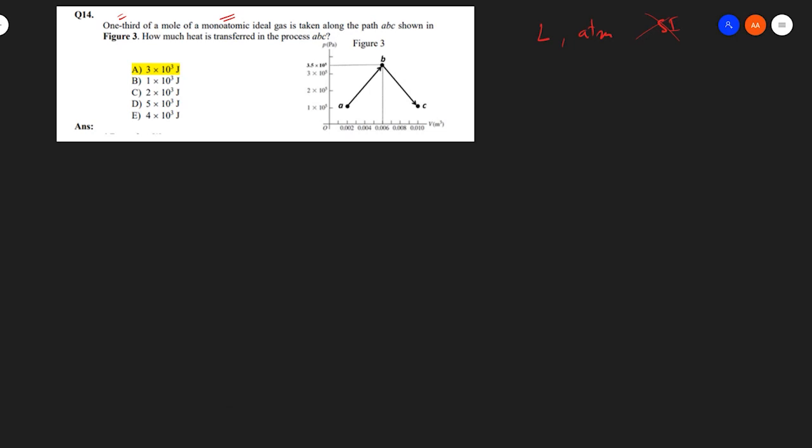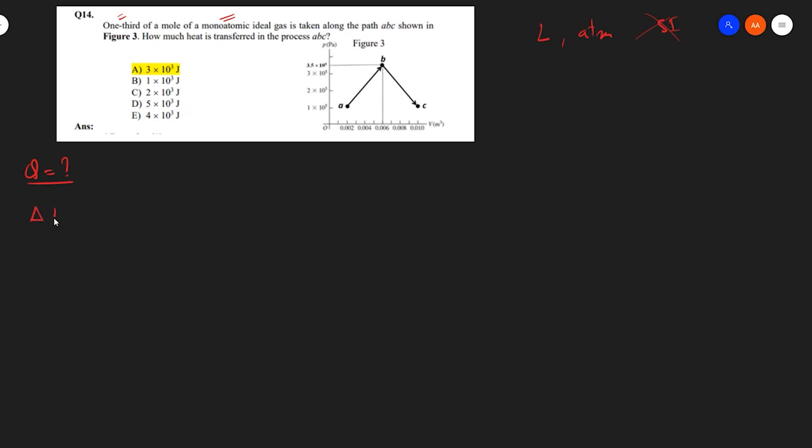Okay, now how to answer this question? So we want the heat, which is Q, in the process A, B, C. Let's start by writing what we know.